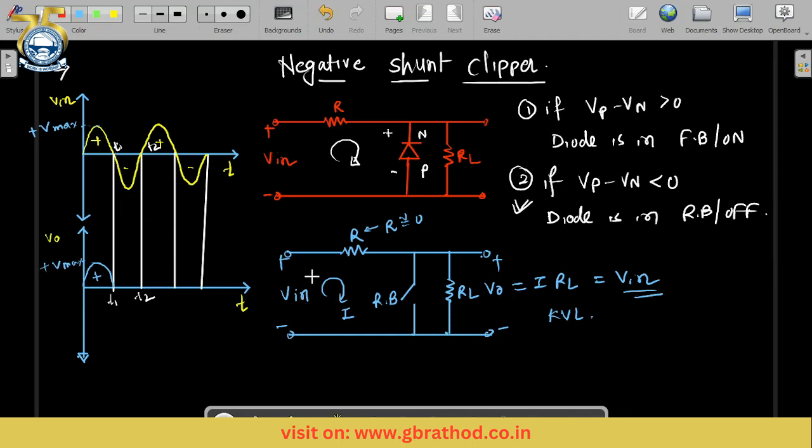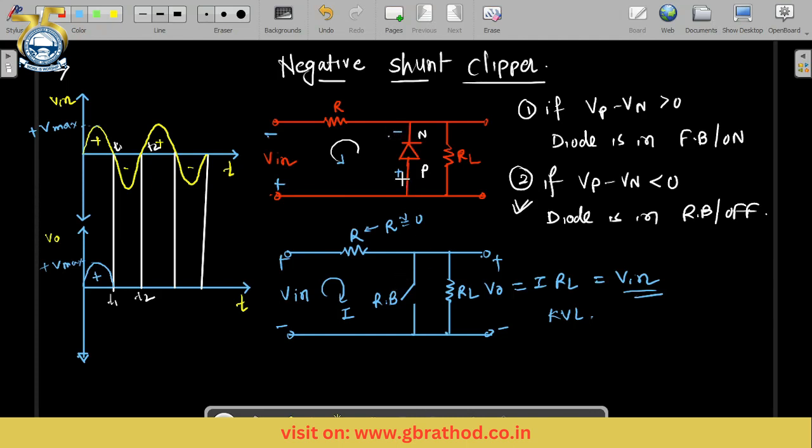Now what will happen if I take the negative half cycle? For the negative half cycle, the polarity of the input signal will differ. So now let us check the negative half cycle. It will be anti-clockwise. This is positive for the negative half cycle, and here positive, and this is negative.